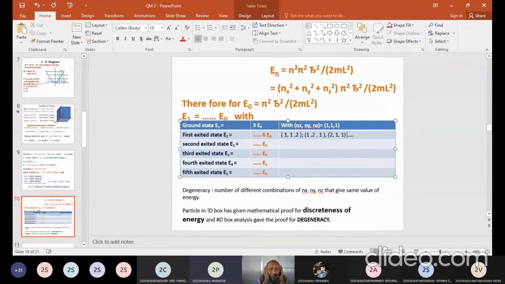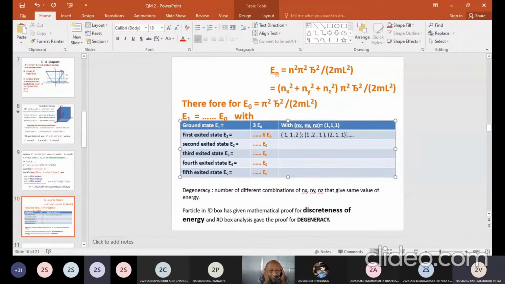Now, what about the third excited state? 2 2 2, 12 E naught. How many different ways can you arrange? Only one way. So, what about the third excited state? Is it degenerate or not?